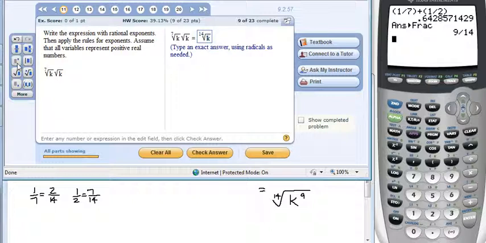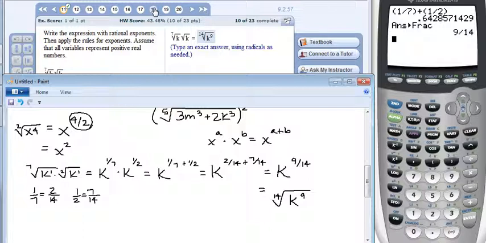Let's see if it'll take it underneath there this time. It didn't give us the directions that we had to do the radical first, so we can throw it underneath if we want. We could also put it on the outside if we wanted to. So what we did here is we converted first of all to exponential form, then we used our exponential rules, that multiplication is addition, and then we changed it back into a radical.